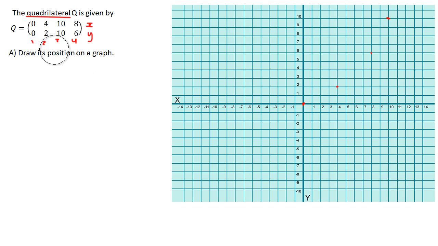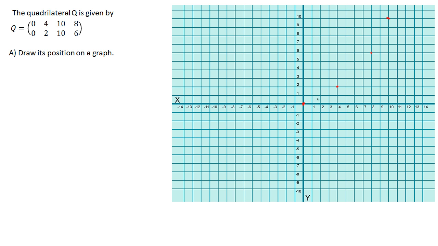Okay, so to not confuse anyone, I'm going to remove this from the side. And now we got our 4 points from our quadrilateral Q, but that's not what we want. We want to draw its position on a graph, and it's a quadrilateral, so that means it needs 4 sides. Right now we only have 4 points.